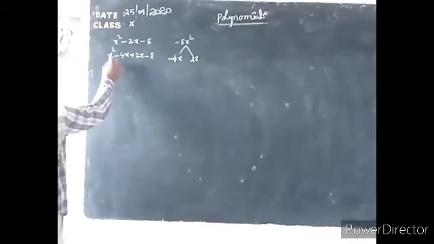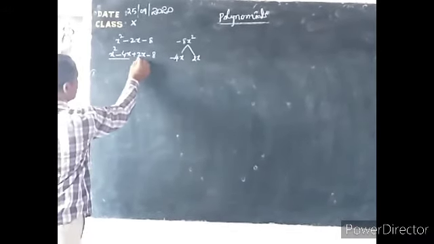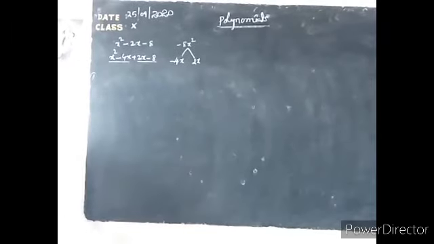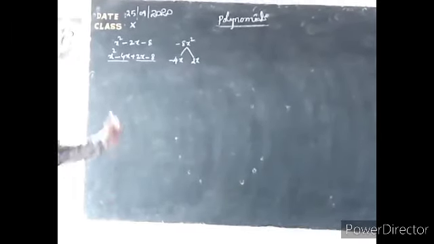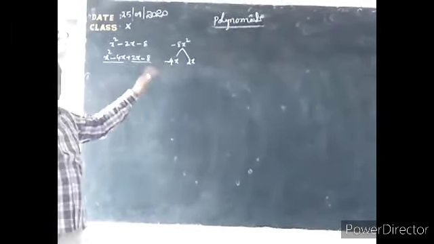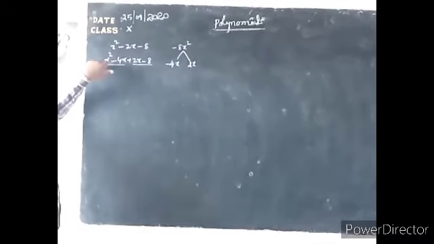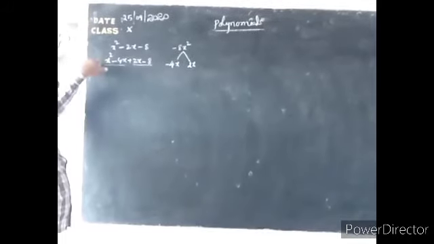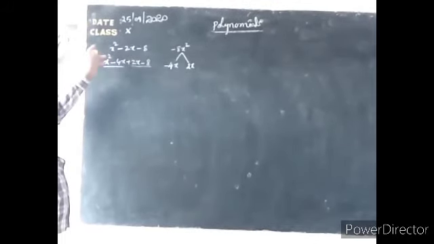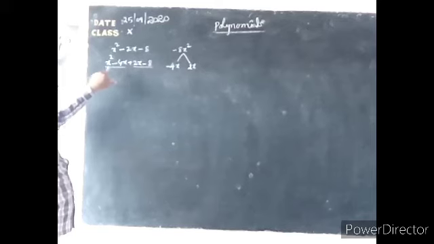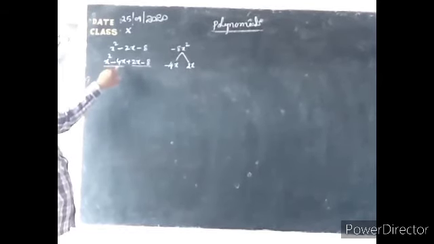Now these 4 terms are divided into 2 parts. First 2 terms are the first part and last 2 terms are the second part. Now in the first part, what is common? Only x. X square means x is multiplied by itself 2 times. X into x minus 4x, that means 4 into x.